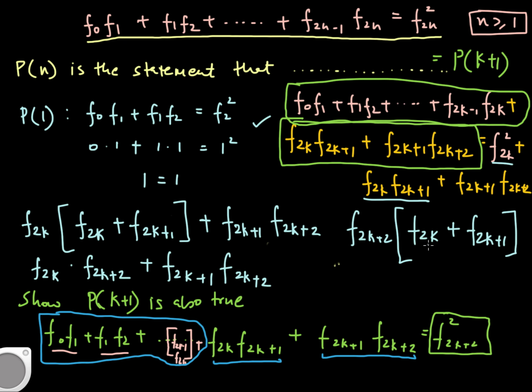And again, applying the Fibonacci recursion on f of 2k plus f of 2k plus 1, that gives you f of 2k plus 2, times f of 2k plus 2 that's outside the bracket here. And when I multiply these two together, I get back f square of 2k plus 2.